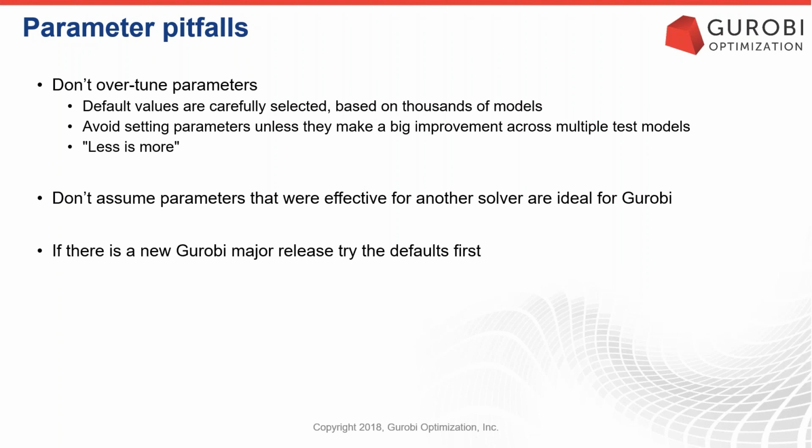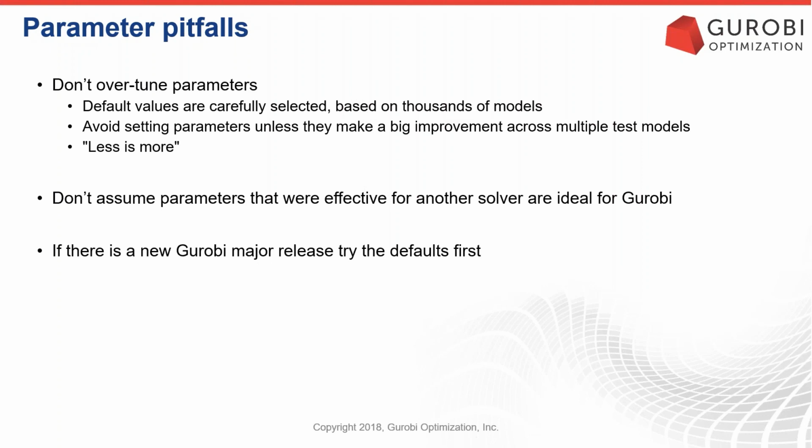In a situation like that, it's always a good idea to go back, not modify the parameters, and start with the defaults and see if this works better. Because it's quite usual that people keep their existing parameters over multiple major releases, and in the end, those parameters do not improve runtime as they did a few releases before, but sometimes they even make things worse.